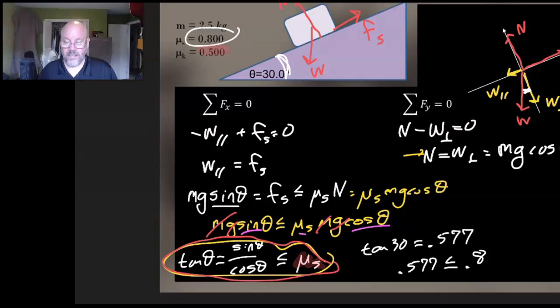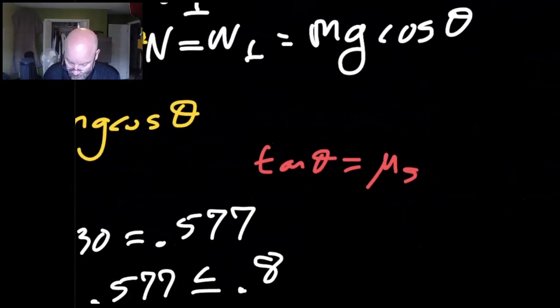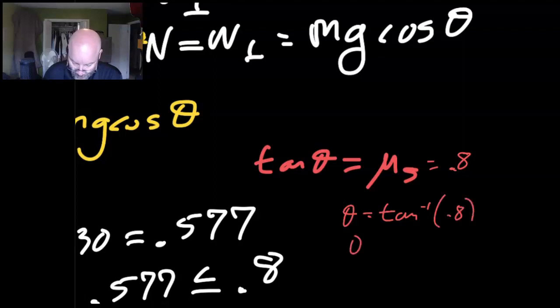My condition for that becomes tan theta is mu s. Our mu s is 0.8, so theta is going to be the inverse tangent of 0.8.